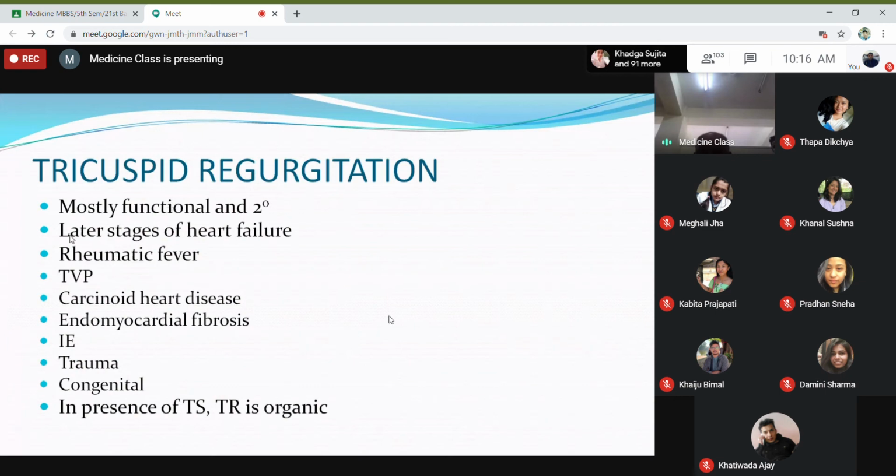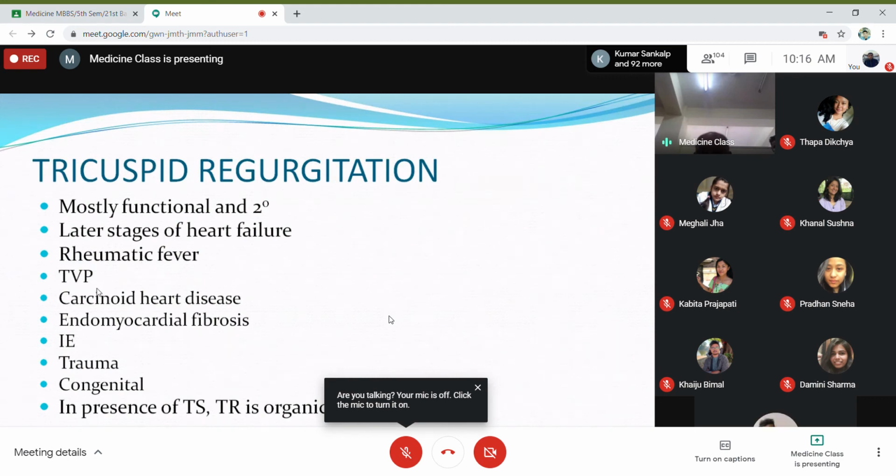If the patient is taking some kind of IV drugs, then the patient may develop infective endocarditis of the right-sided valve, that is the tricuspid valve. So it's mostly functional, but sometimes it's because of rheumatic fever or infective endocarditis.